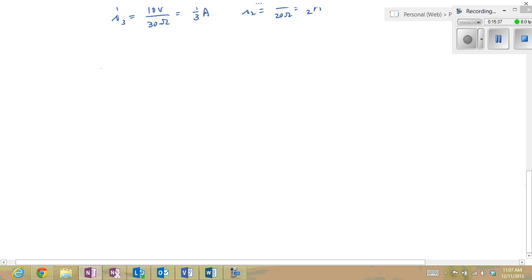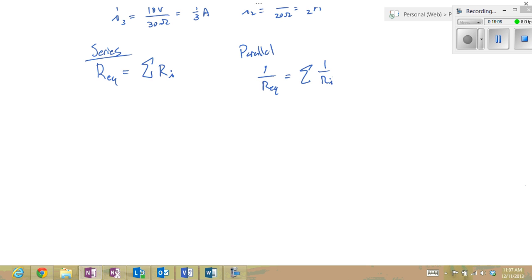The rules, remember, are that for series combinations, the equivalent resistance is the sum of the individual resistors, and in parallel, the inverse of the equivalent resistance is equal to the sum of the inverses of the individual resistors. And that is true whether you have 3 or 10 or 20 things in series or parallel. Next time we'll show how to do more complicated circuits that have both combinations of parallel and series.